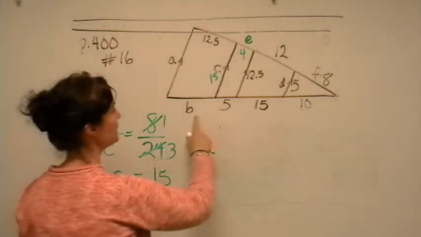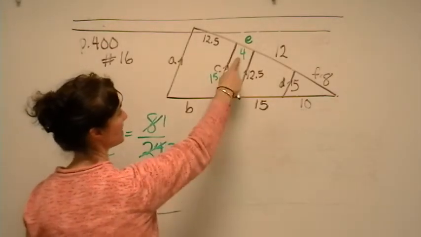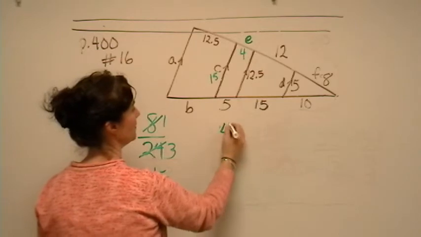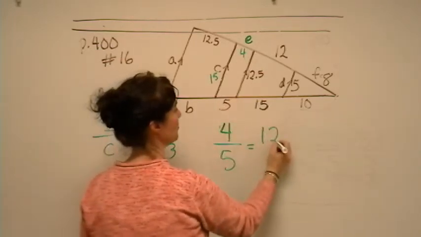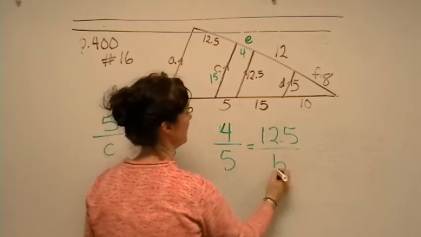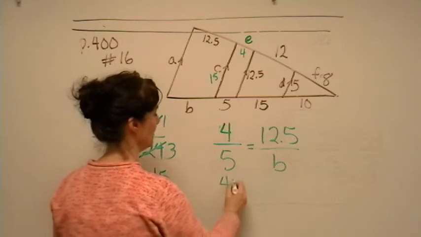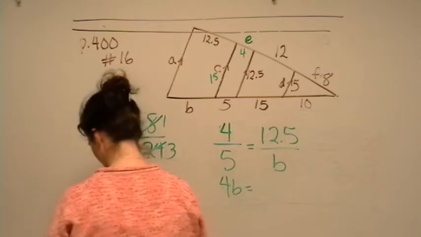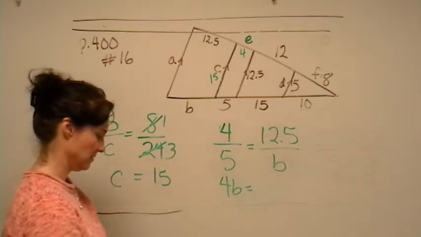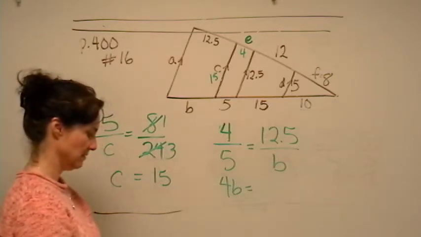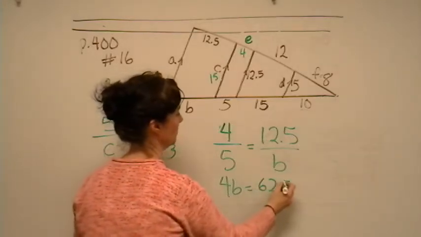All right, to find B, the easiest way for us to find B is to relate the segments. So let's say 4 is to 5 as 12.5 is to B. Well, we can't reduce anything there, so we have 4B is equal to 5 times 12.5. 5 times 12.5 is 62.5.